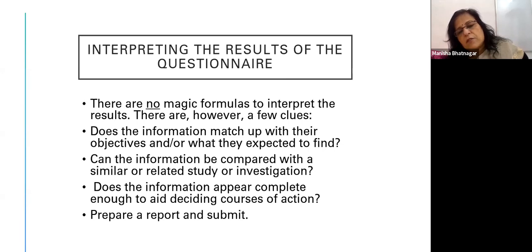Whichever purpose you chose, and you must be remembering that we had a choice of purposes for evaluation of training, will this information be enough? And the next step is, of course, prepare a report and submit this.